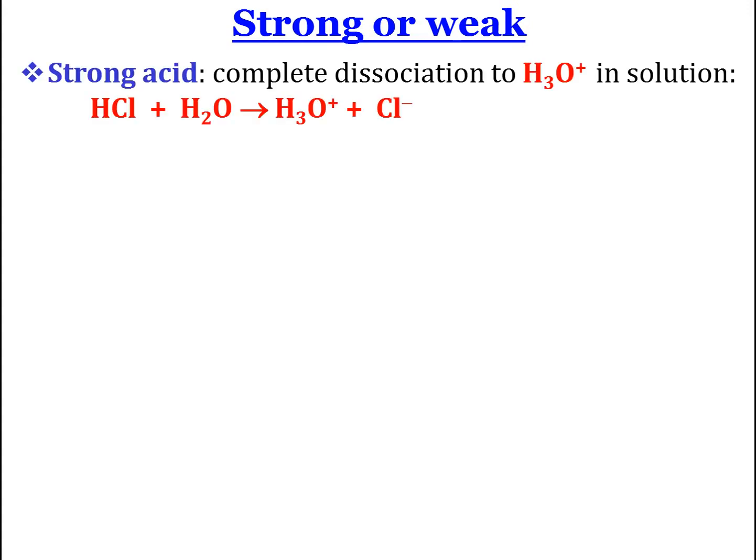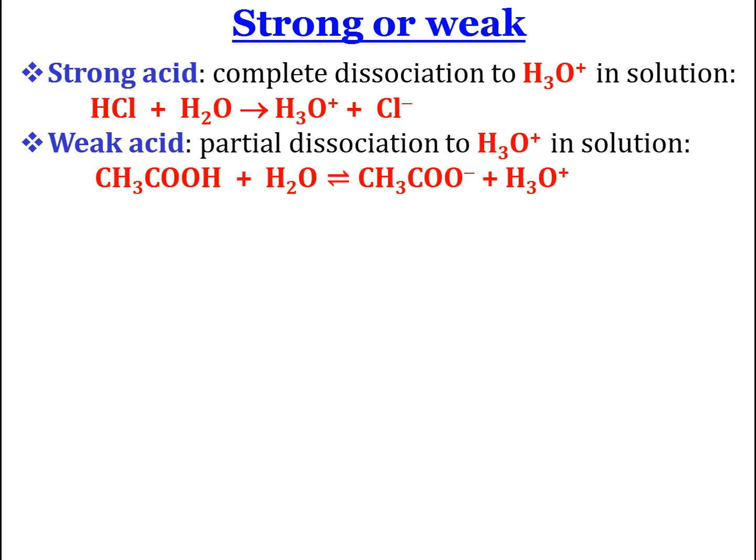Acid or base, strong or weak. How to know if the acid we used is strong or weak? A strong acid is a substance that dissociates completely to H3O+ in solution. Hydrochloric acid in the presence of water dissociates completely to H3O+ and Cl-, so HCl is a strong acid.